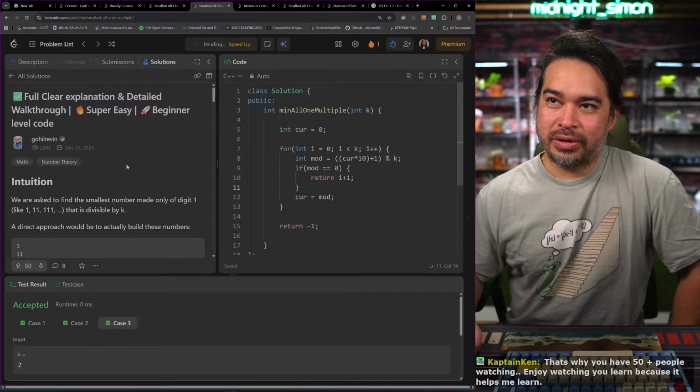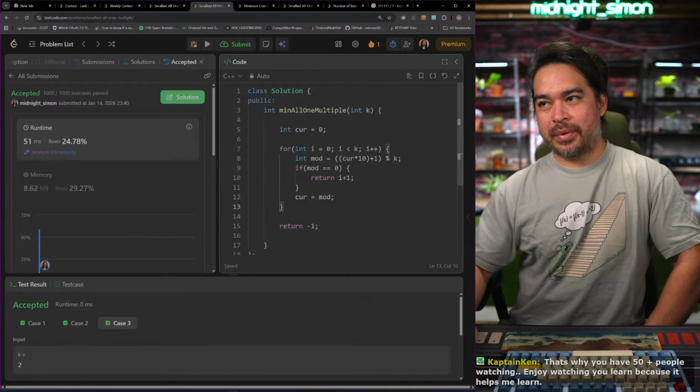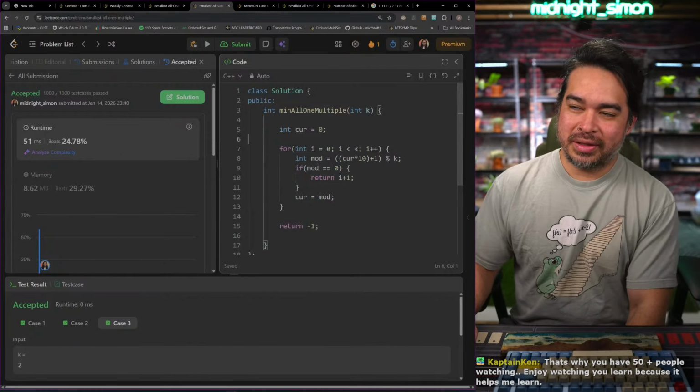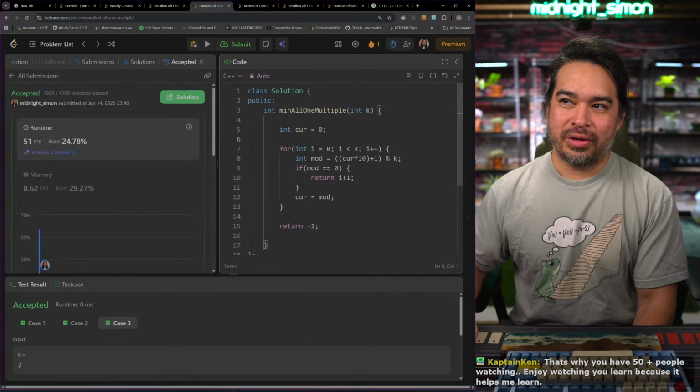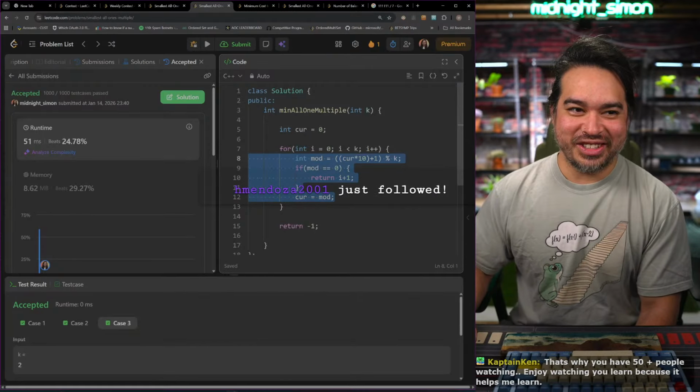I've been struggling with these mod problems for a long time. But I gotta try and remember this, because if I know the math, the programming is easy. It's just knowing the math that's the not so easy part.